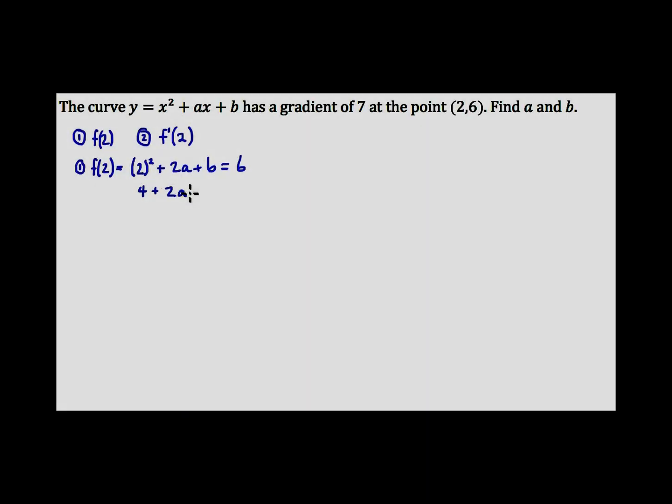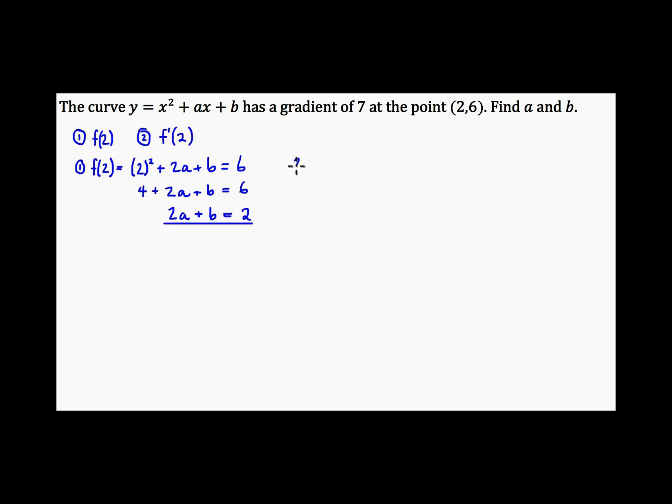So 2 squared is 4, plus 2a plus b equals 6. Then we can move the 4 to the other side and have the equation 2a plus b is equal to 2, because we take 4 from both sides. Cool, so we have a first equation.